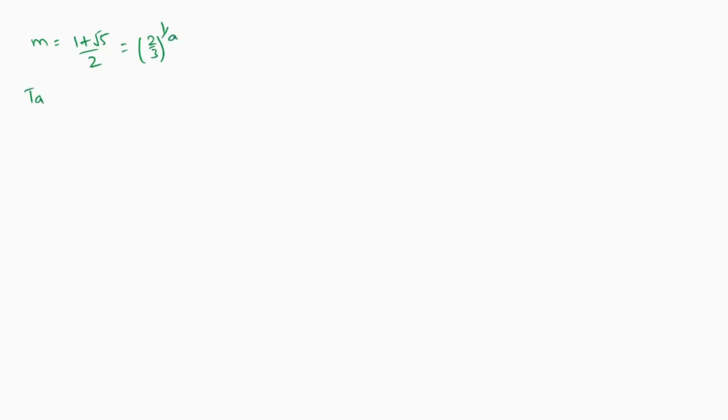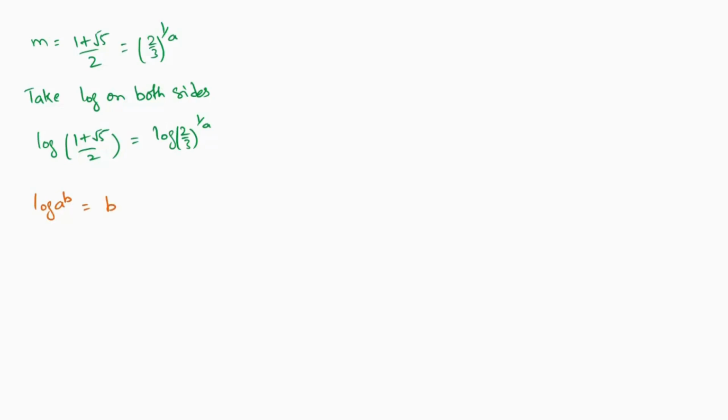Now take log on both sides. We get log of (1 plus root 5) divided by 2 equals log of (2 by 3) raised to power 1 by a, and we know that log a raised to power b can be written as b log a.